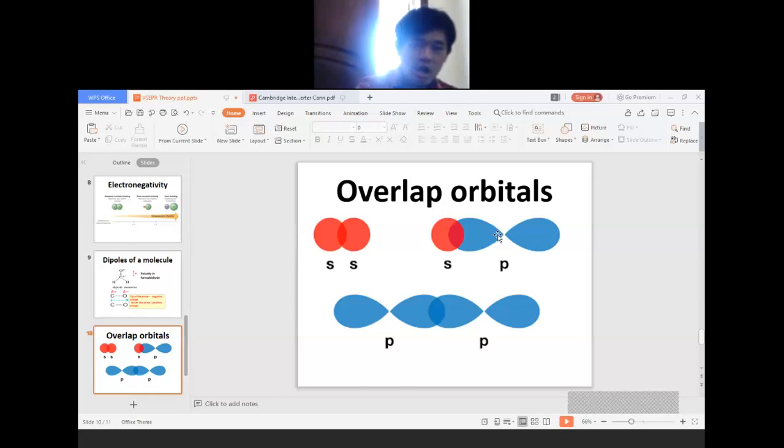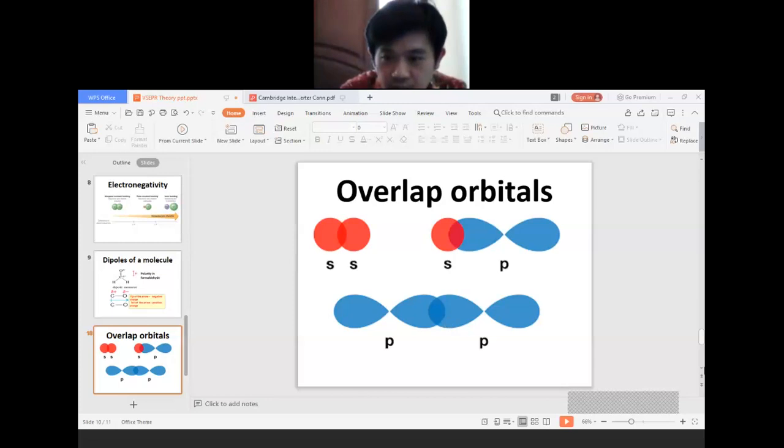So one lobe of the p orbital overlaps with the s orbital. So this forms a single bond. And then overlapping can also occur between p orbital and p orbital. So these two are called pi bond. Pi bond. So this one is the double bond.